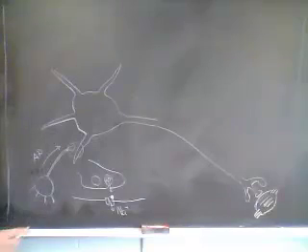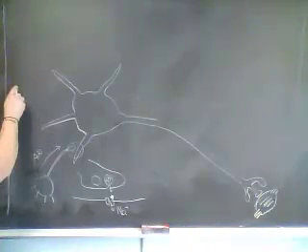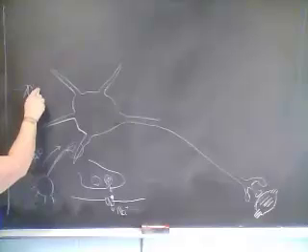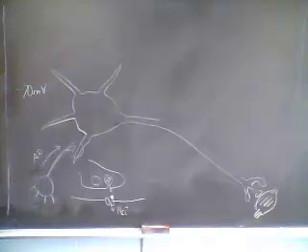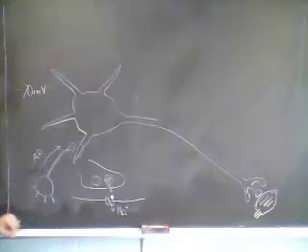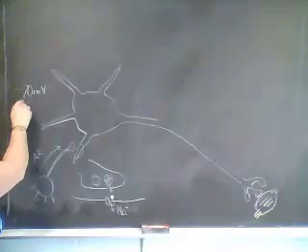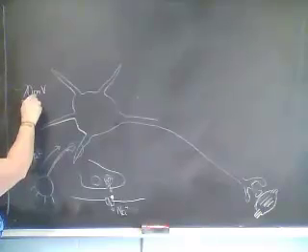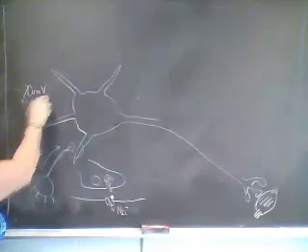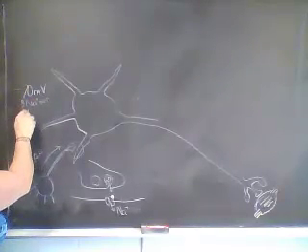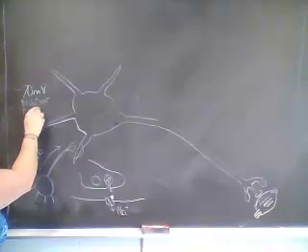So that resting membrane potential, some of the key things to remember about it, it is measured at minus 70 millivolts, meaning that the inside is 70 less relative to the outside of the plasma membrane. That we have a greater concentration of sodium ion outside the plasma membrane and a greater concentration of potassium ion inside. Right?